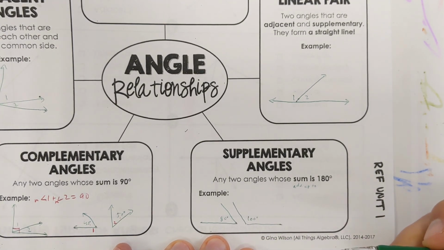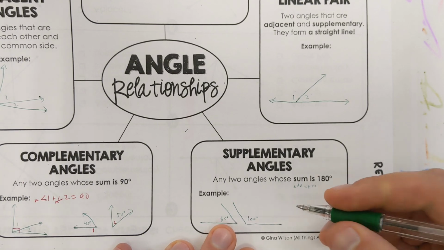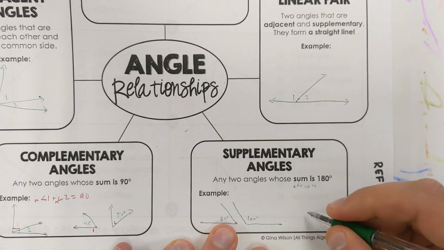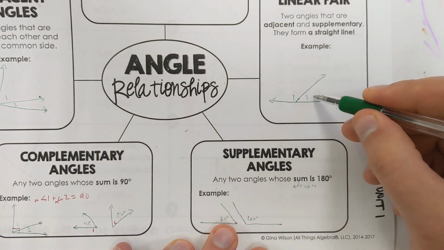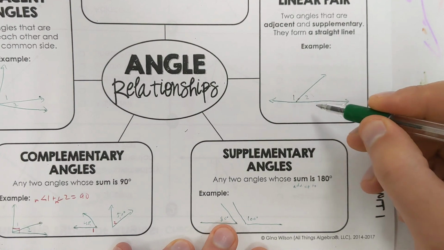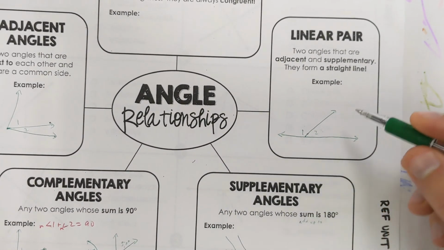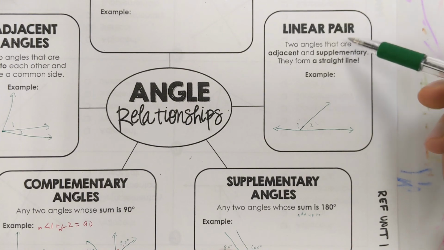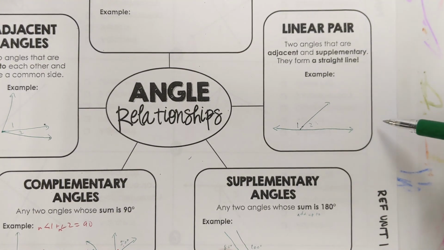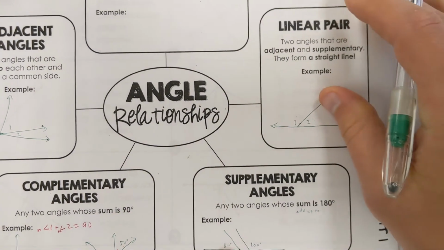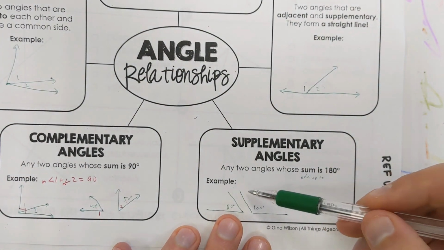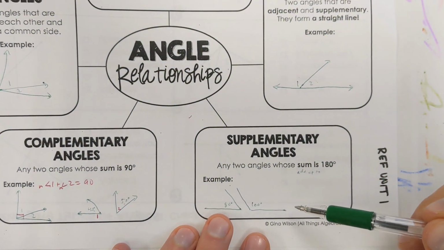Those add up to 180, so they are supplementary. But you'll notice up here, these angles also add up to 180. So here's something interesting. Linear pairs are supplementary. However, not all supplementary angles are linear pairs.